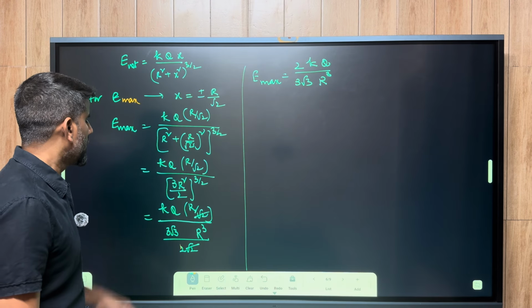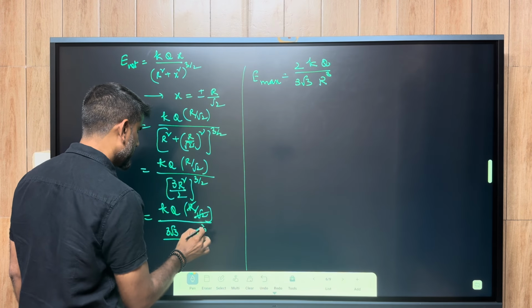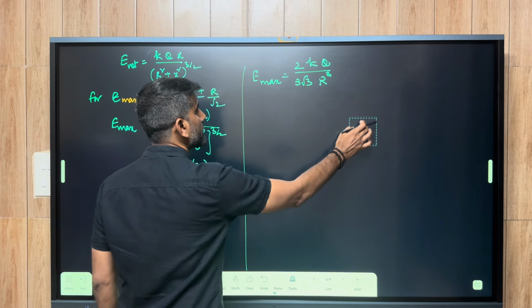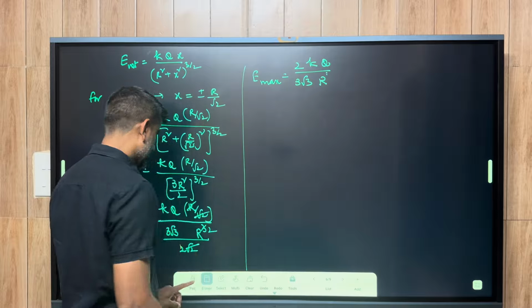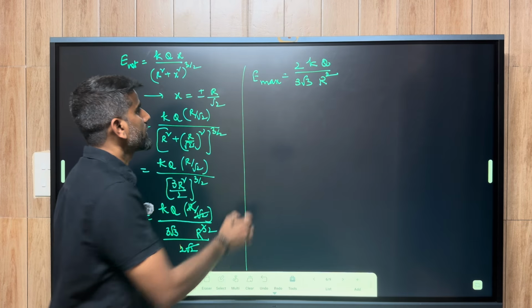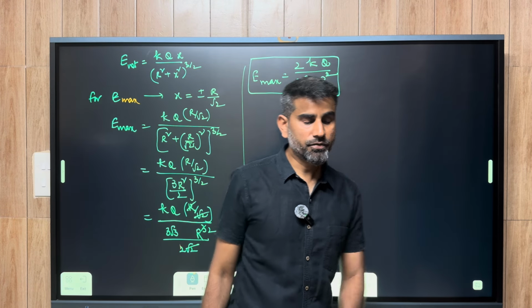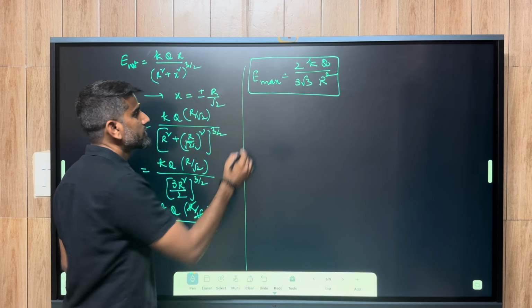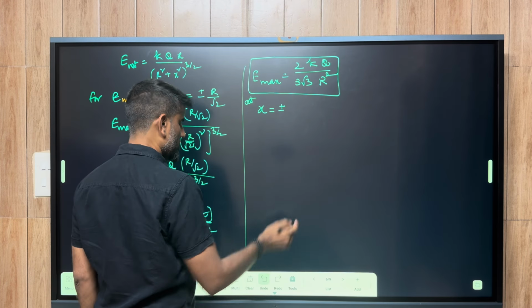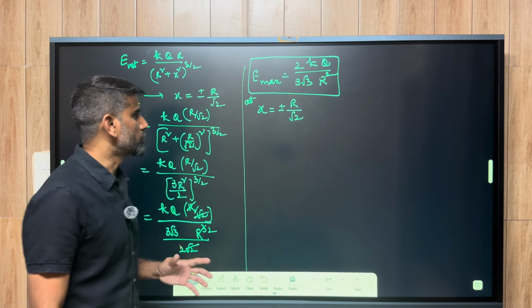We have one r here, that also goes out, so we will get r square. 2kq by root 3 r square is the maximum possible electric field at a distance, at x is equal to plus or minus r by root 2.